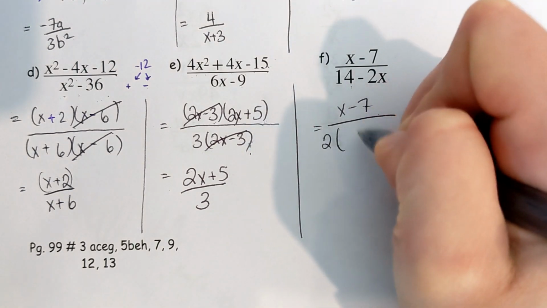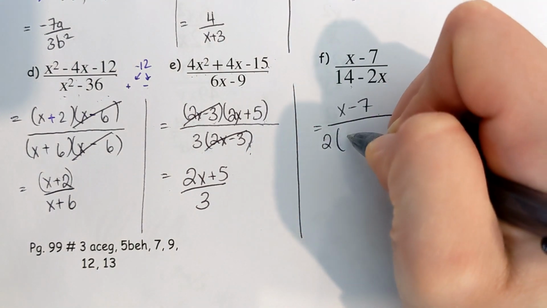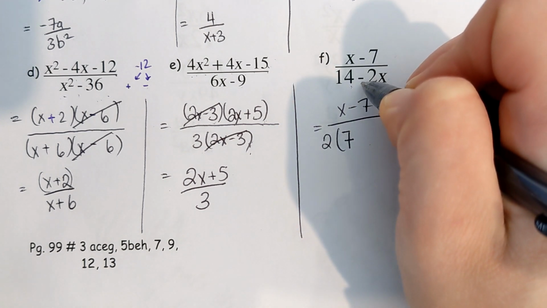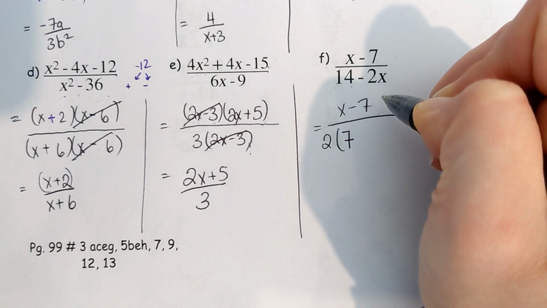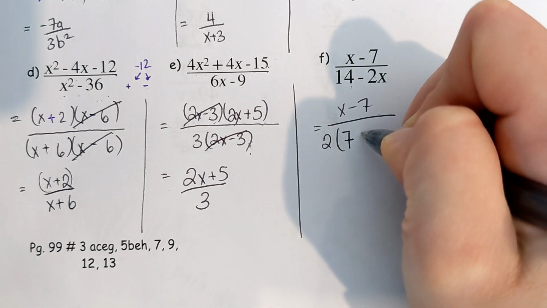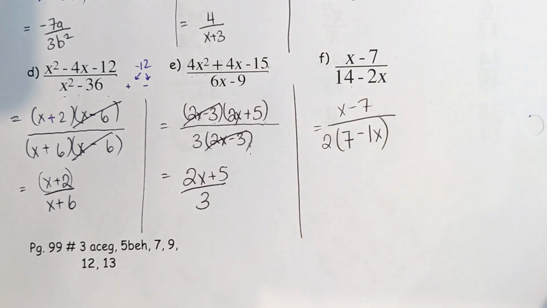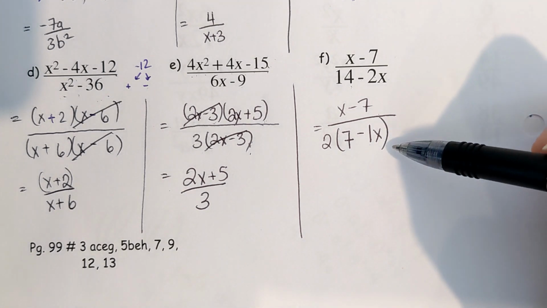I'm going to put a 2 out here. 14 divided by 2 is 7. Negative 2 divided by 2 is negative 1. x. Okay. Now, this looks like maybe it's done, but if you notice, it's actually kind of similar.